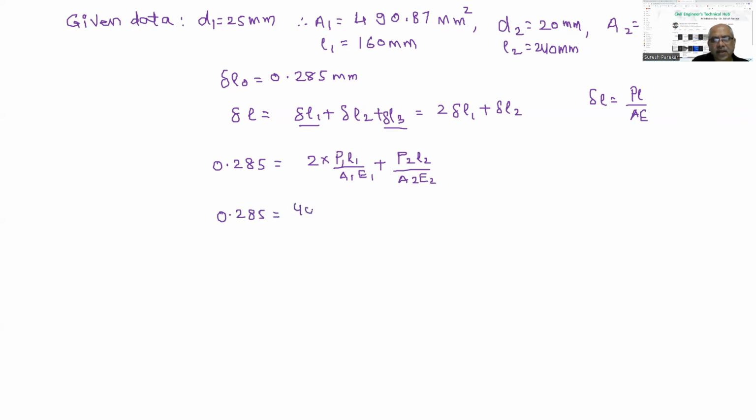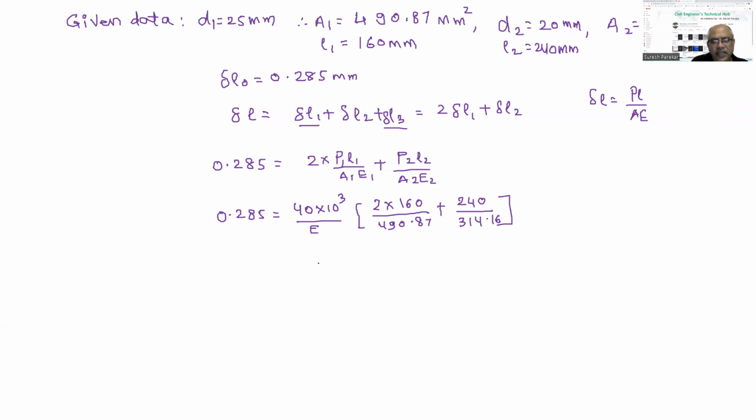So we can go for 0.285. P is given as 40 into 10 raised to 3. E we have to find out, and then in the bracket we have 2 into L1 is 160 and A1 is 490.87, plus L2 240 and A2 314.16.